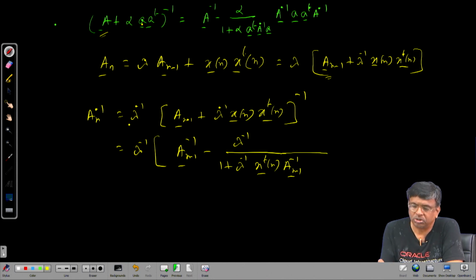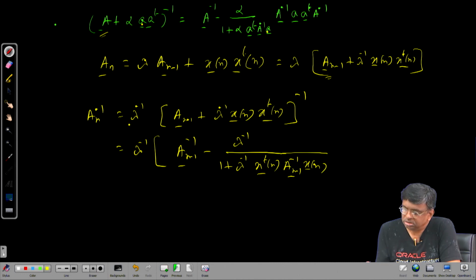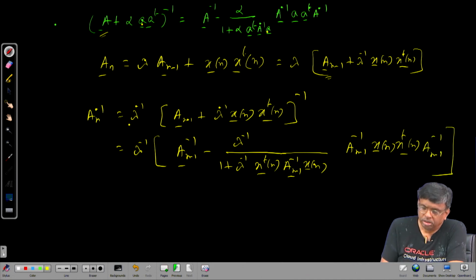A is A n minus 1 here, and again small a is x n. This much into this. So, this is A is A n minus 1 here, inverse x n is a, and now bring lambda inverse inside.